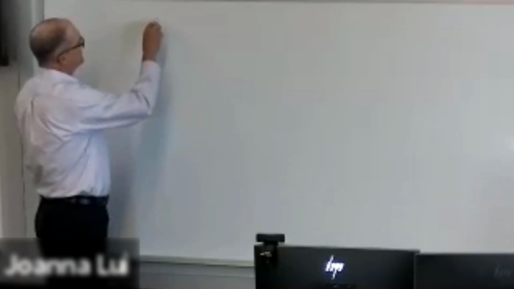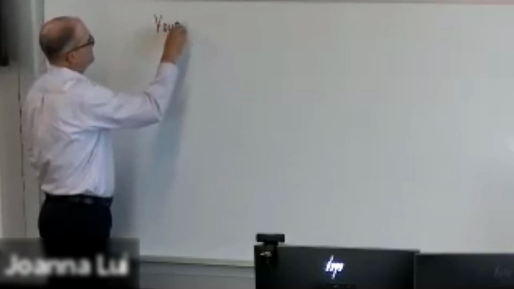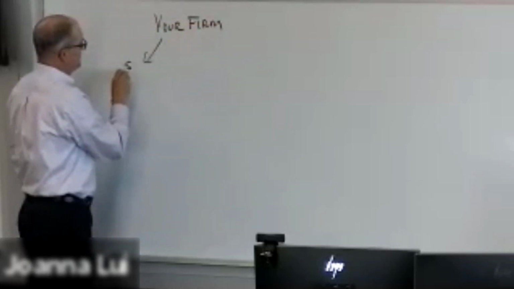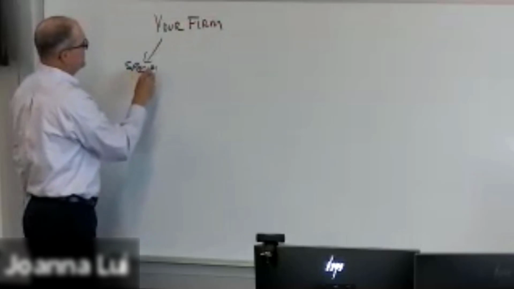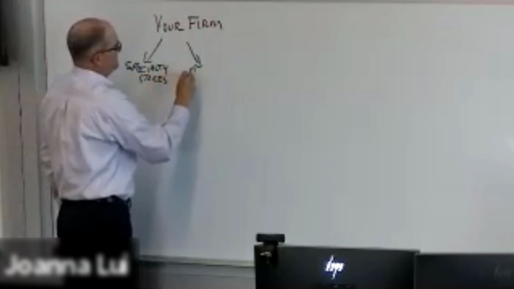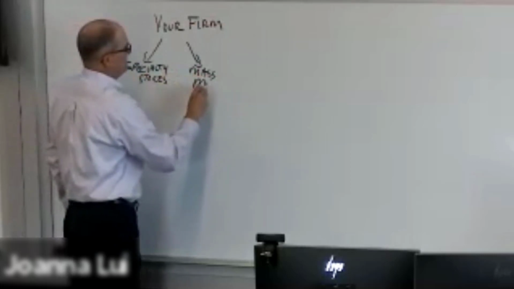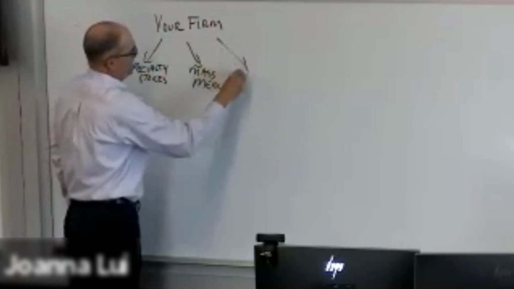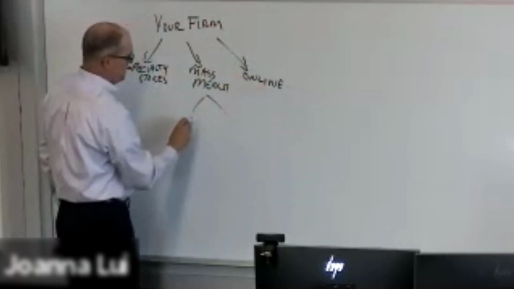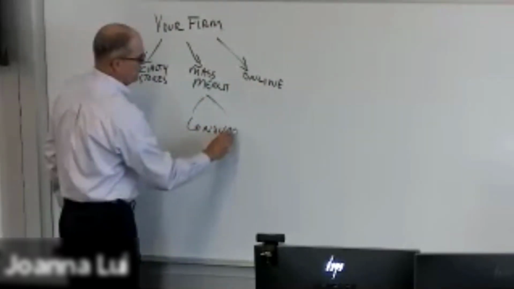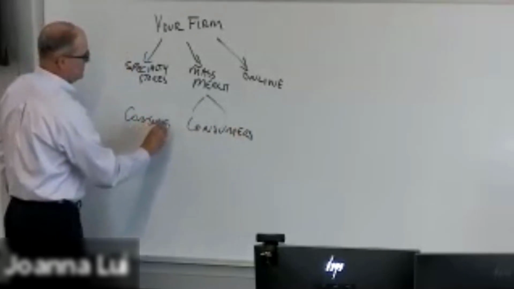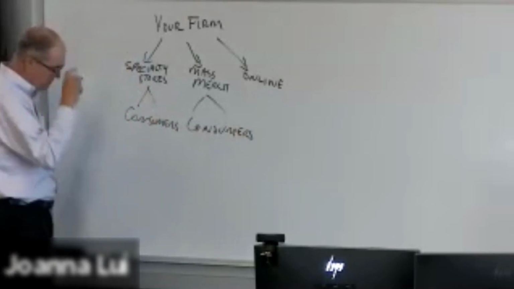So here is your firm, and your firm sells to specialty stores, mass merchandisers, or online. And then each of those sells to consumers. So a very simple distribution channel.